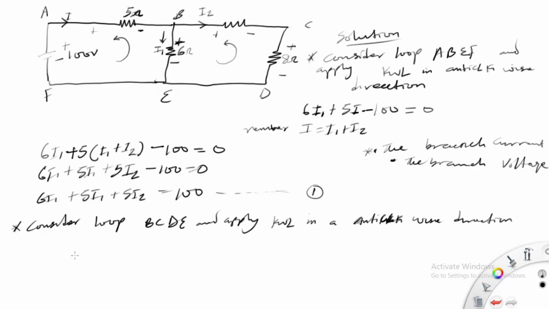Applying KVL in an anti-clockwise direction in the second loop, we would have what? Let's start from the side 8, from minus to a positive side. That's a rise, so we have positive 8I. What's the current acting on it?